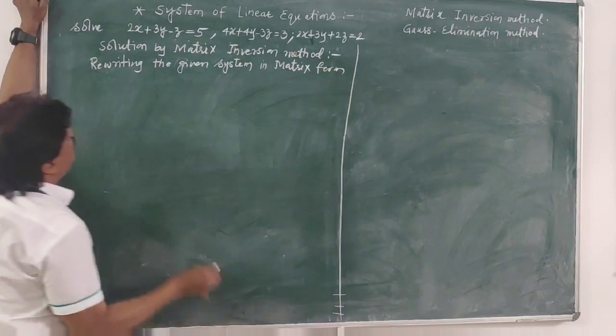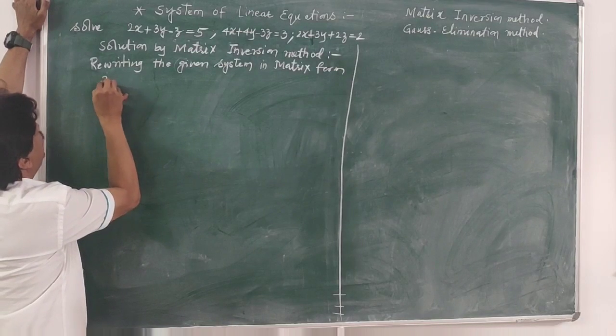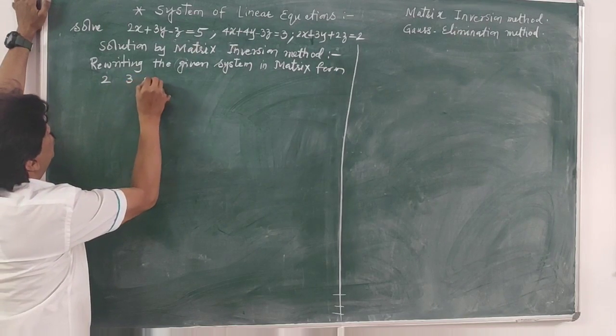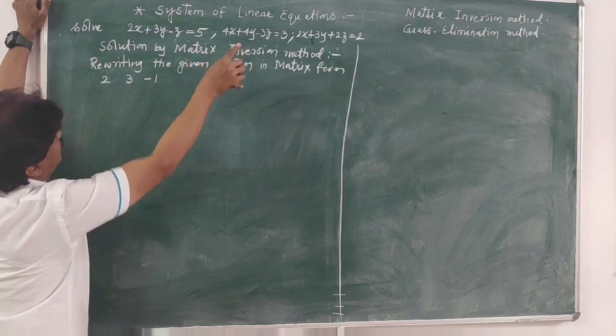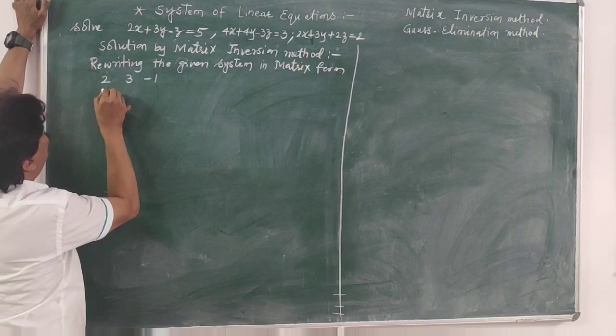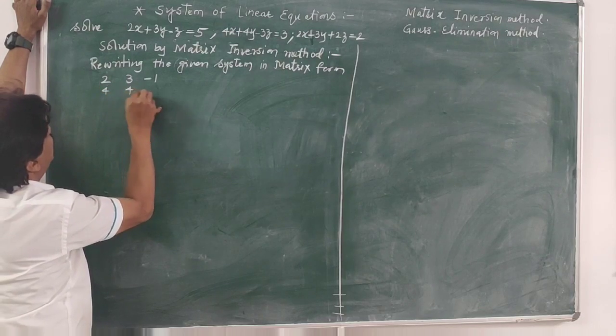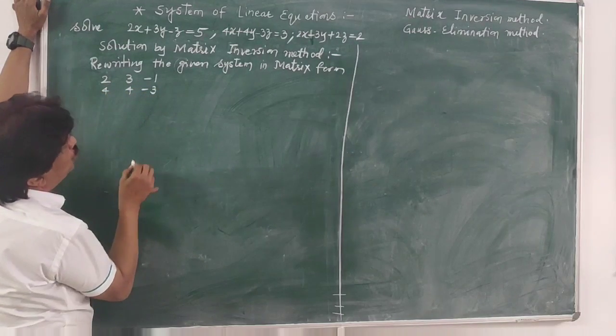The given system can be rewritten as the coefficient matrix with rows 2, 3, minus 7, then the coefficients of x, y, z in the second equation 4, 4, minus 3, and 2, 3, 2.